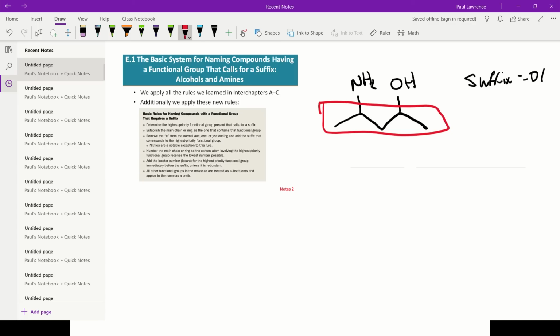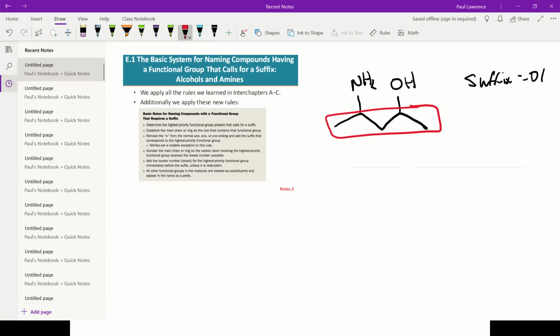The third point says we need to remove the E from the -ane, -ene, or -yne ending and add the corresponding highest priority functional group name to it. So when we look at this, how many carbons are in that longest chain right there? There's 5.